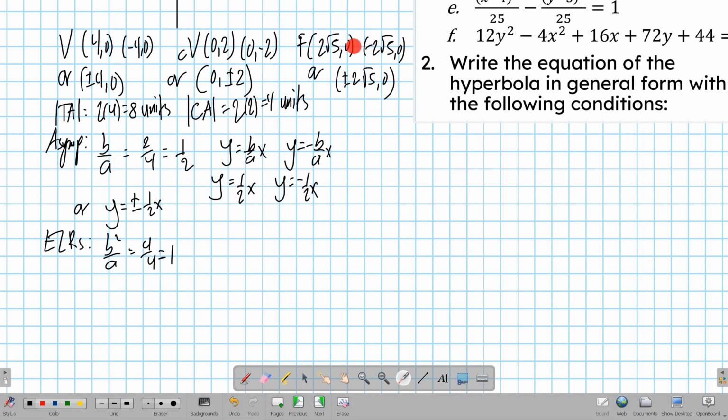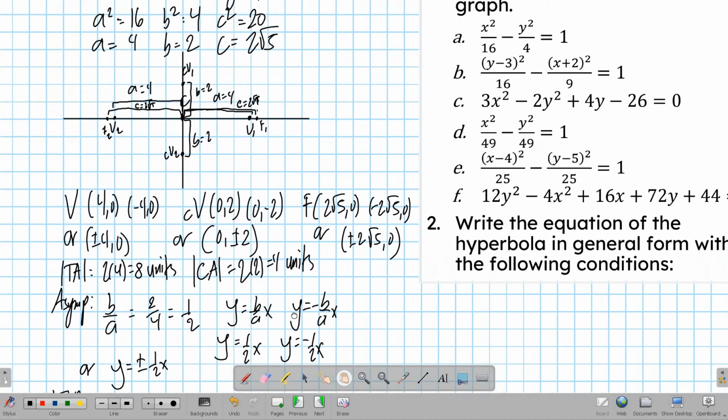That being said, the ordinates of the foci will be the one added and subtracted 1. And since this is 0, we just need to add and subtract 1 from 0, so with 2 square root of 5, 1, you go 1 up, and then you go 1 down. You also do the same for the other points. Oops, one should be positive 1, and the other one should be negative 1.